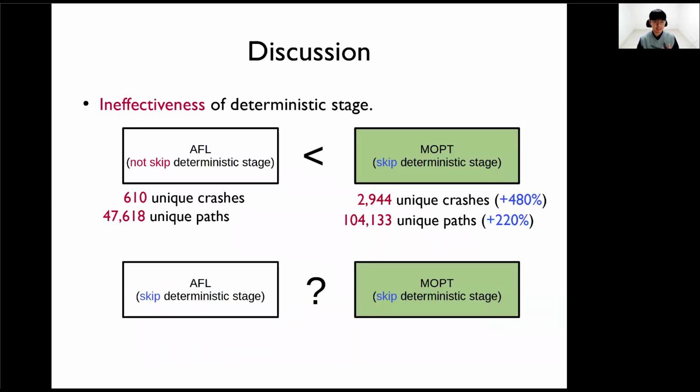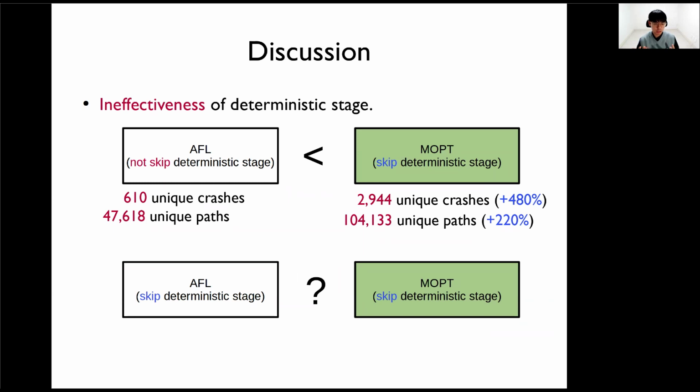Okay, let's recall the experiment result for AFL and MOPT shown in the previous slide. MOPT was overwhelmingly more effective than AFL. But to me, this experiment result seems to be unfair.